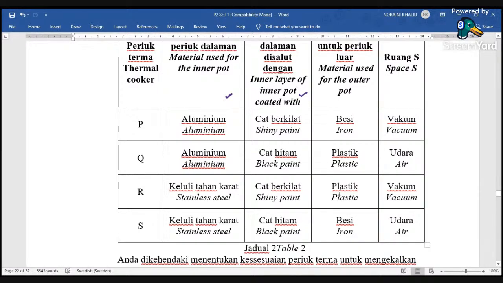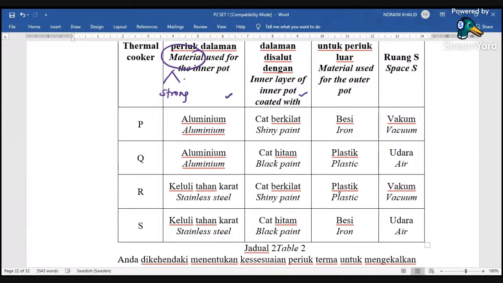For the material of the inner pot, we have either aluminium or stainless steel. When we talk about material, we want it to be strong, long lasting, and of course not rust, or have a low rusting rate, low oxidation rate.